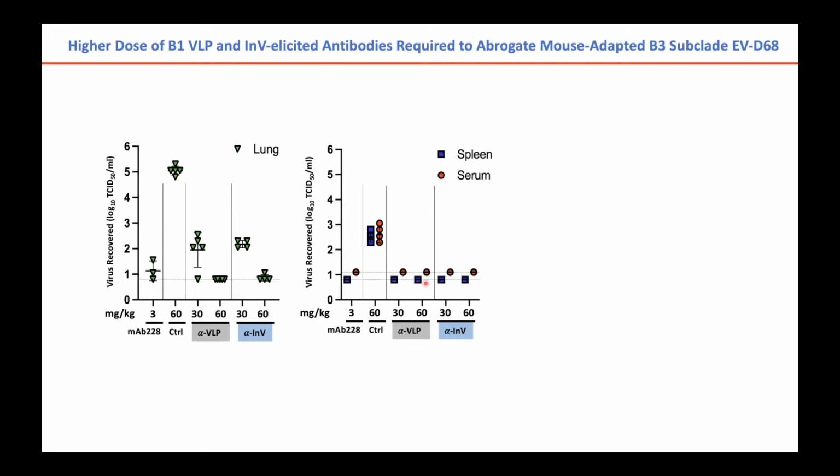While we still had great blocking of dissemination in this study, we knew that we're starting to see that neutralization capacity hit, and we see it in vivo. Again, similar effects between the two different immunogens.